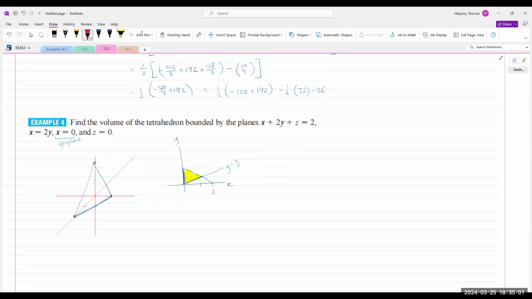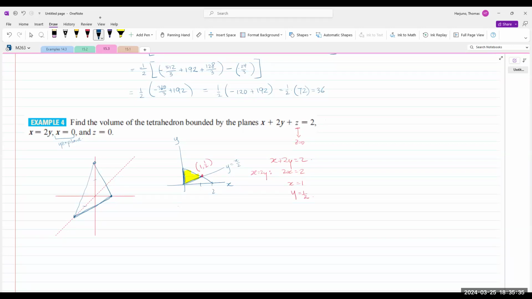But when z equals 0, I get x plus 2y equals 2 and x equals 2y. So 2x equals 2, x equals 1, y equals 1/2. So the coordinate here is (1, 1/2).